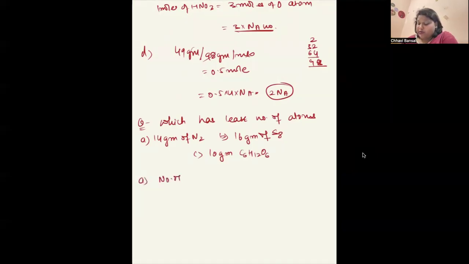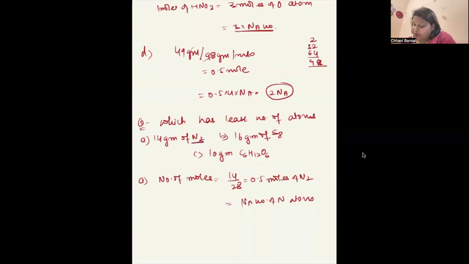Number of moles. What is the number of moles here? 14 divided by 28 gives us 0.5 moles of N2. So if it's 0.5 moles of N2, we will have Na number of nitrogen atoms. Why? 0.5 multiplied by 2, because each molecule has 2 nitrogen atoms. B. 16 grams of S8.